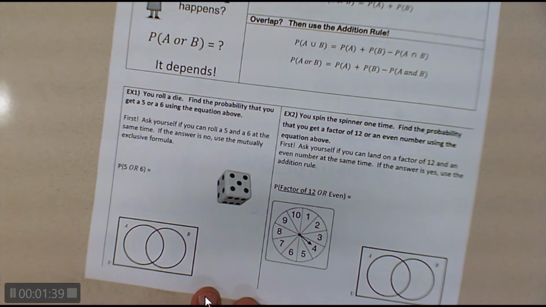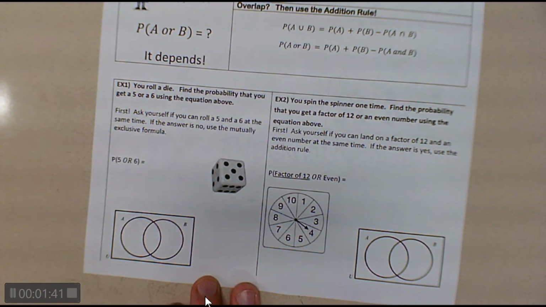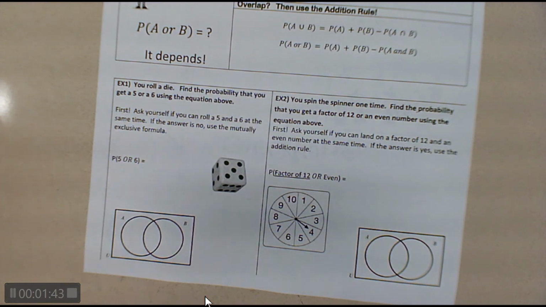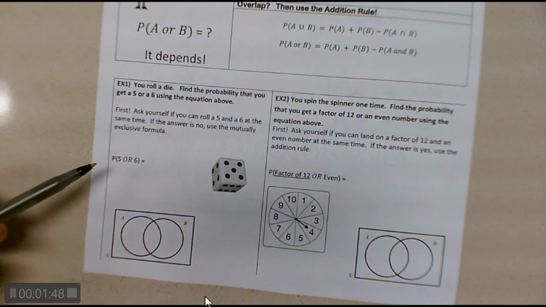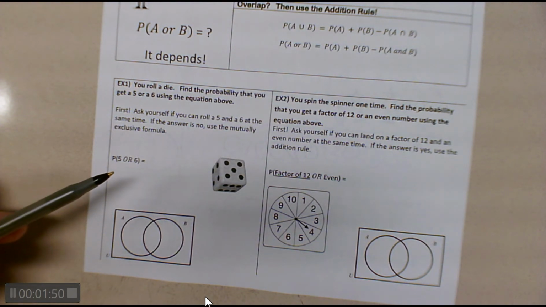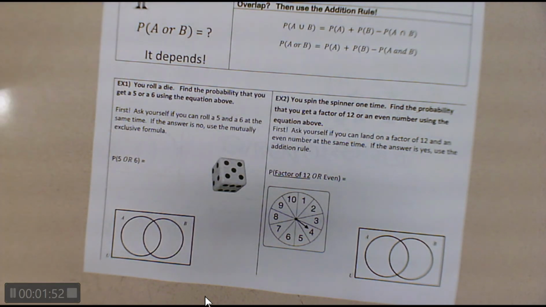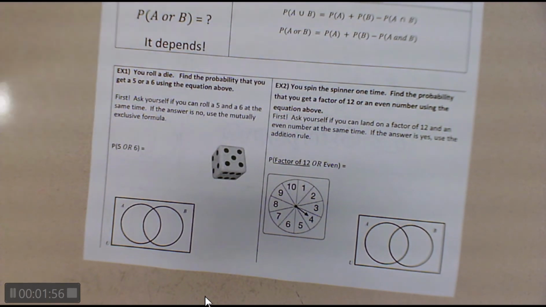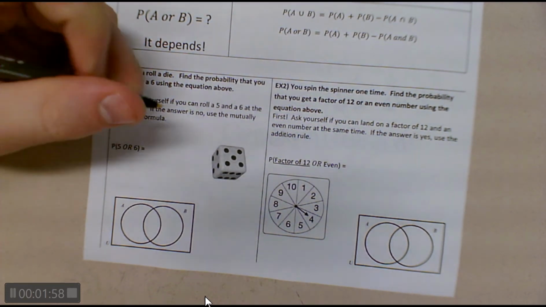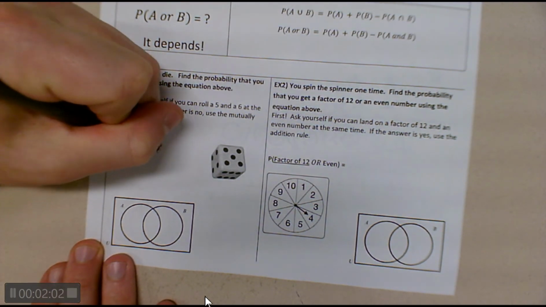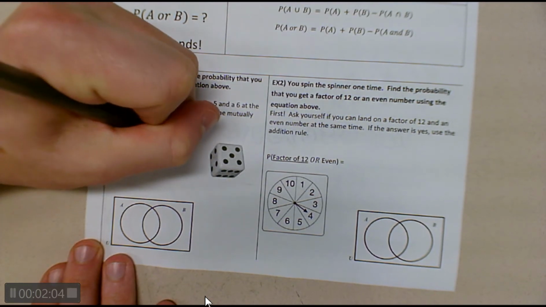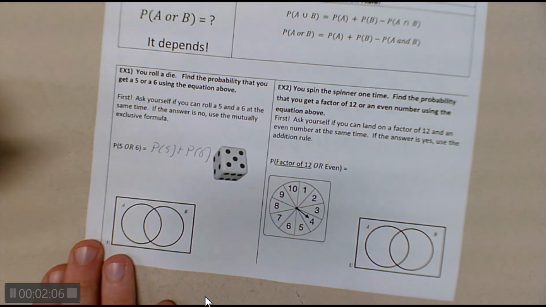So, we got a die. Alright, we're rolling a die. You were looking at what's the probability of rolling a 5 or a 6. Okay? Once again, we said up top, you can't roll a 5 and a 6 at the same time. So probability 5 or 6 is the probability roll a 5 plus the probability roll a 6. Okay?